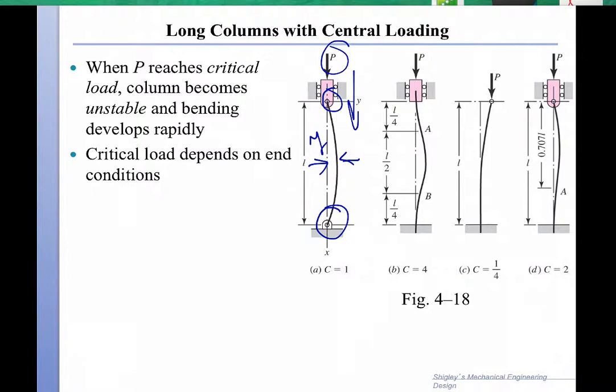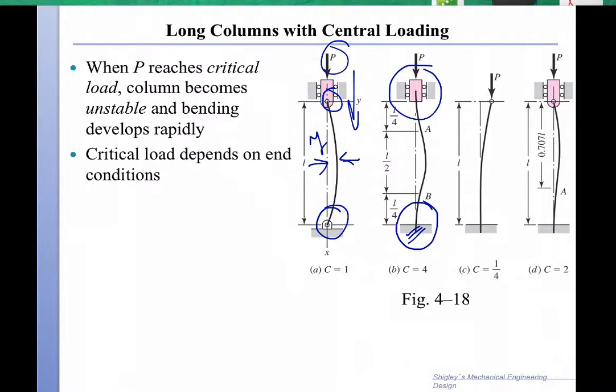The second possibility is that one end would be totally fixed, so it doesn't allow rotation on that end, and the top part of the column is still pinned but free to slide.